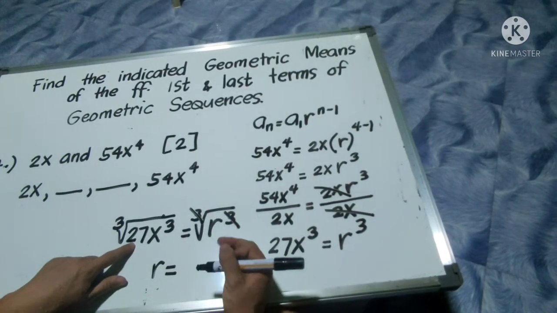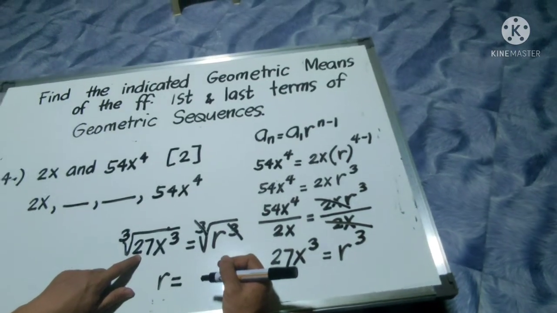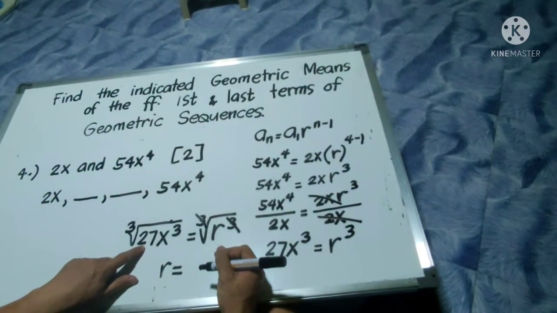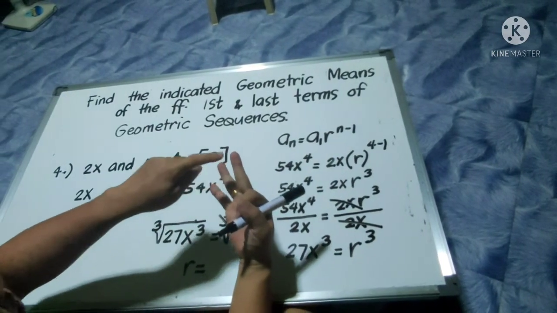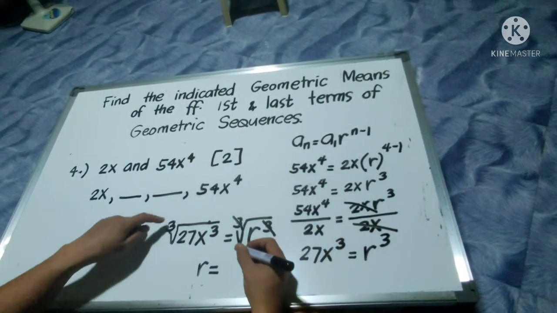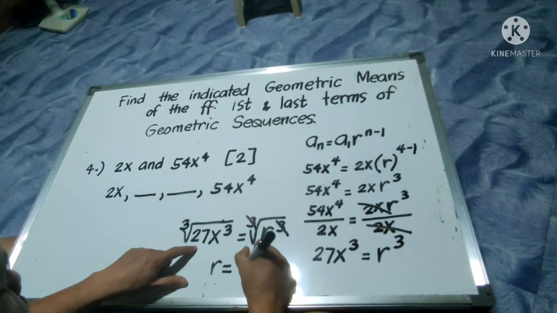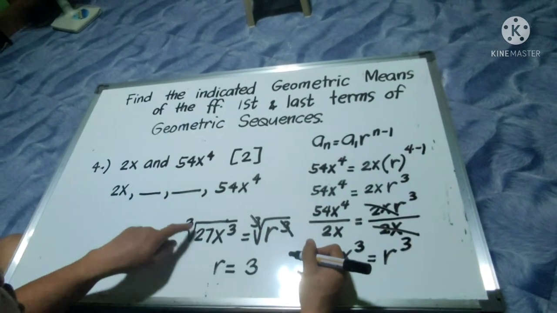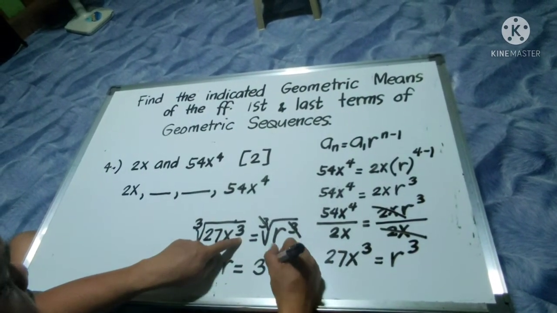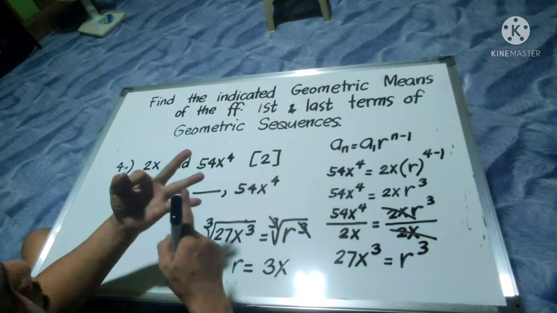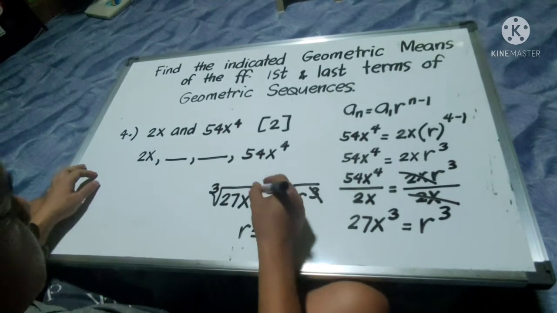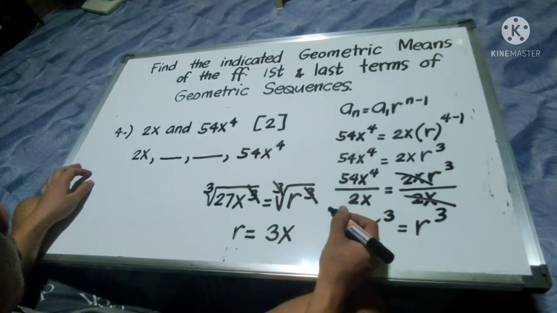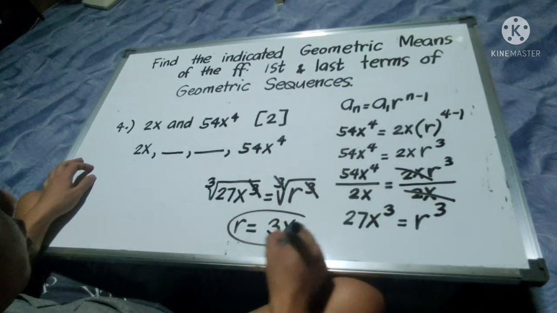What is that number that when you multiply it by itself 3 times, the result is 27? Let's try 3. 3 times 3 is 9 times 3, 27. So cube root of 27 is 3. Cube root of x cubed is x, because x times x, x squared, times x is x cubed. So cancel. Okay? So r is equal to 3x.